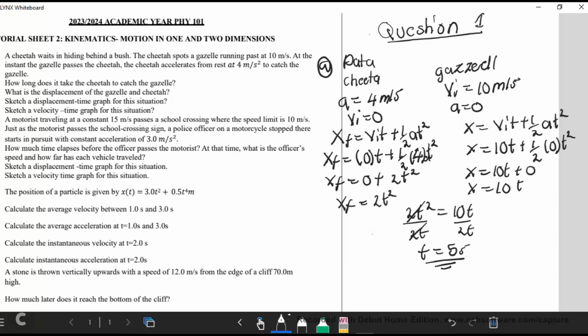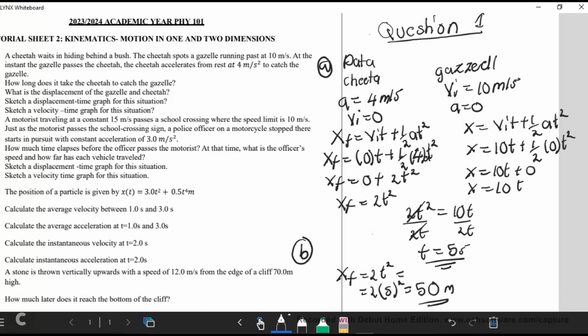So the second question asks, what is the displacement of the gazelle and the cheetah? For you to find the displacement, we use the equations that you have been given. This equation, the one that we found here, x final is equal to 10t. Where there's t, we replace it with 5, such that I find the answer, which is 10 times 5, that would be 50 meters.